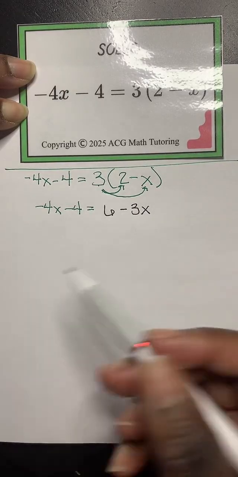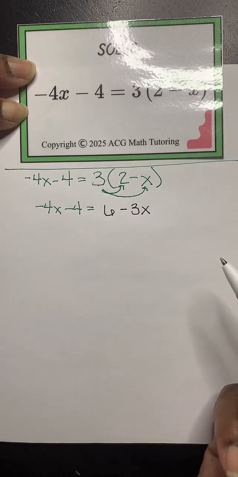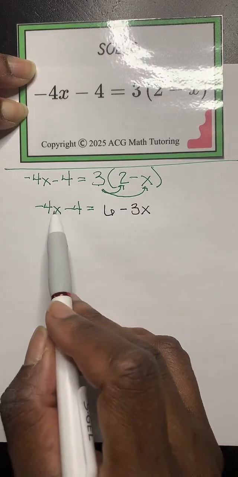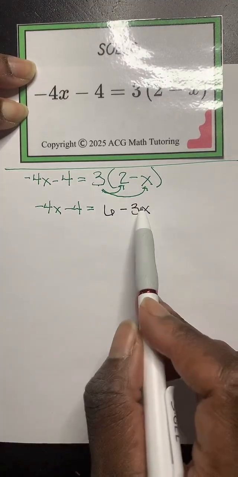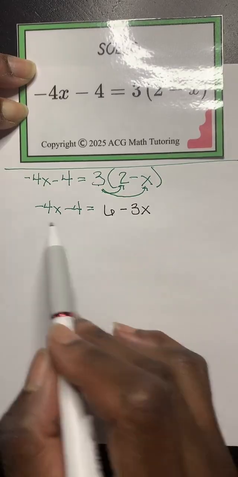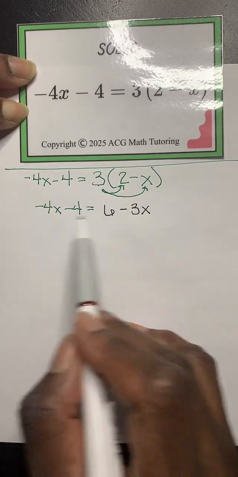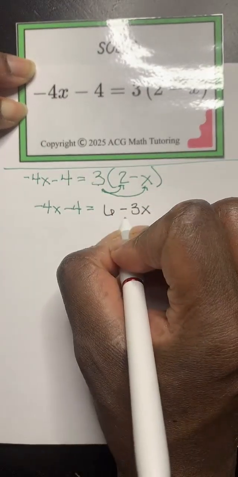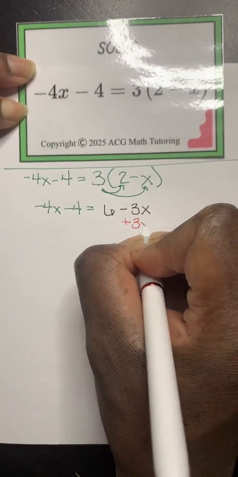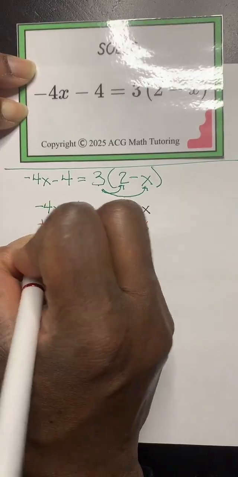Either way, you're going to get the same answer. I have a -4 here and a -3 here, and either way, something is going to be added. So if I want to add the 3, we'll keep it so all my teacher friends can be like, thank you, Audrey.